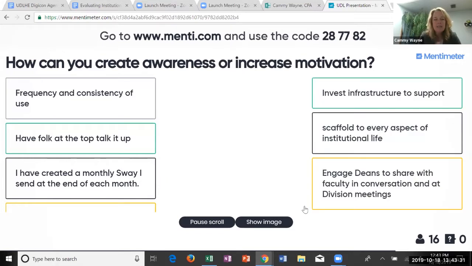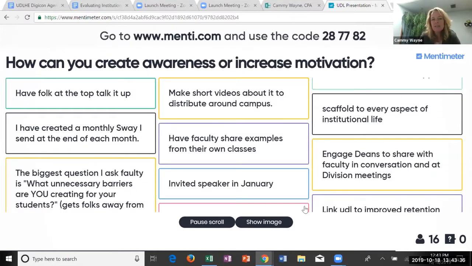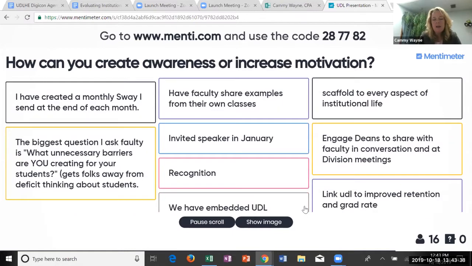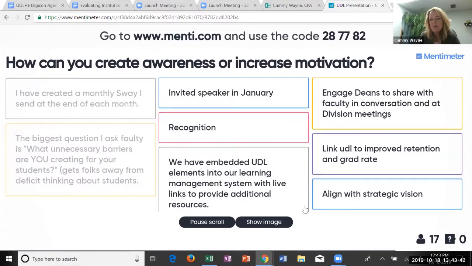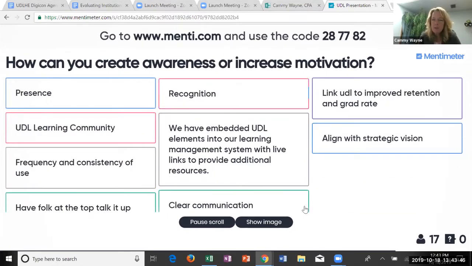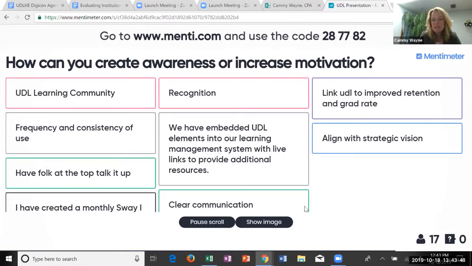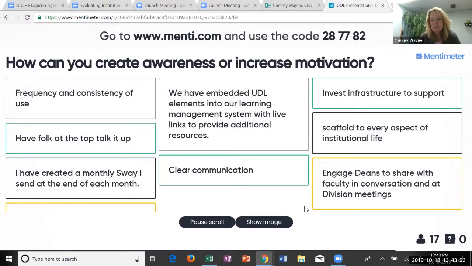And I like this comment to have folks at the top talk about it, because really all of our focus, what our new initiatives are, are coming from the top. That's why we really need to get some buy-in from those key players to move forward.